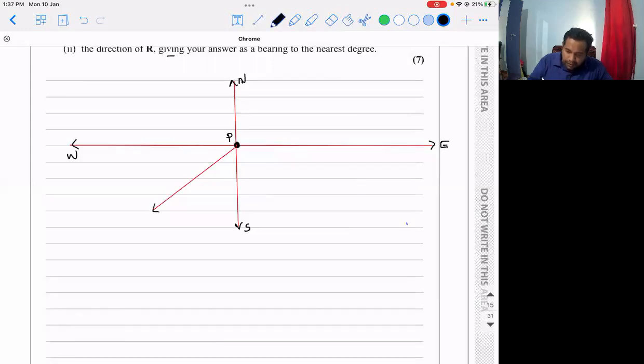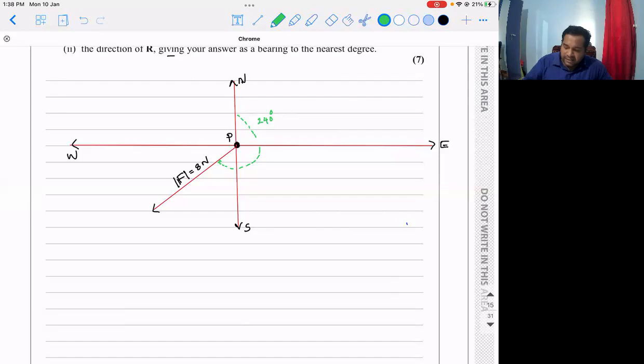This is force F, and its magnitude is 8 Newton, and it is at 240 degrees.